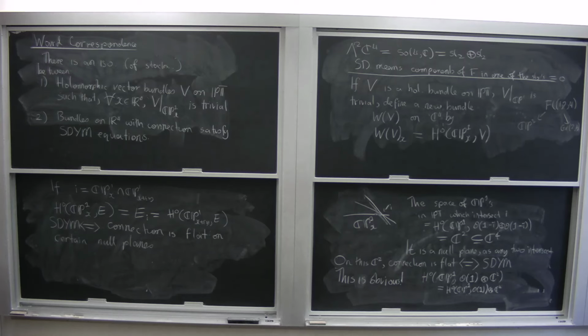You were objecting that this construction might just give me a flat bundle, which would be bad because then it couldn't be an isomorphism, because not all solutions of the self-duality Langlands equations are flat. So I want to demonstrate how you can see the curvature of the bundle by thinking about this kind of triangle.